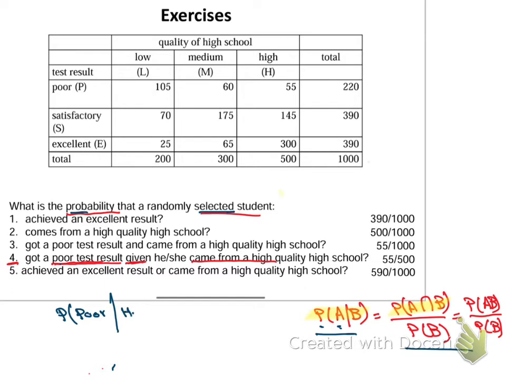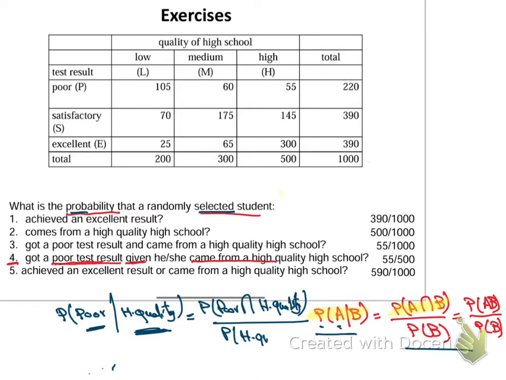So this is the given, high quality. So what will it equal? The probability of poor score given that they came from a high quality school would be the probability of poor intersect high quality, divided by the last one, the probability of high quality.